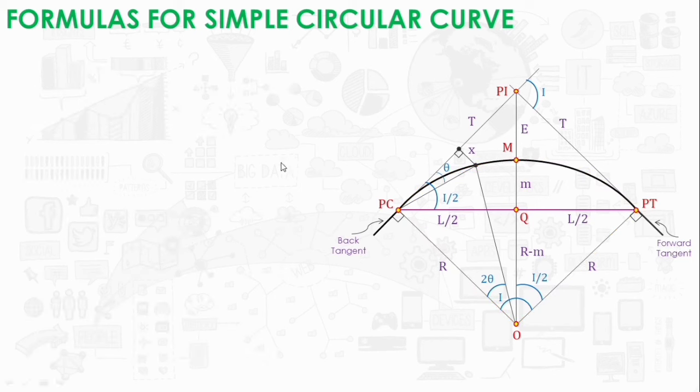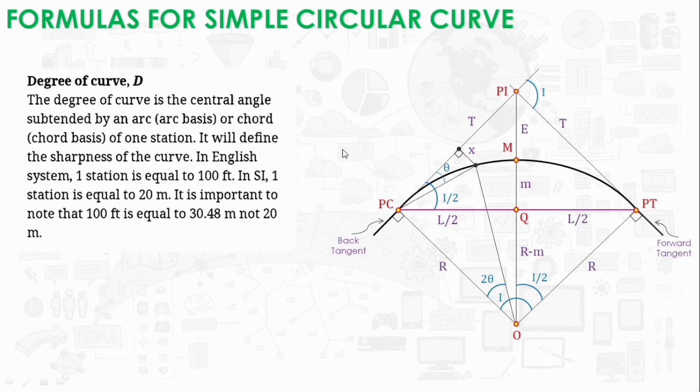Next is the degree of curve. As I said earlier, the degree of curve defines how curved our arc is, or the sharpness of the curve. It can be determined depending on whether we use the arc basis or the chord basis. In the English system, remember, 1 station is equal to 100 feet.